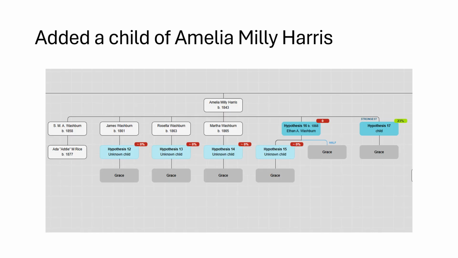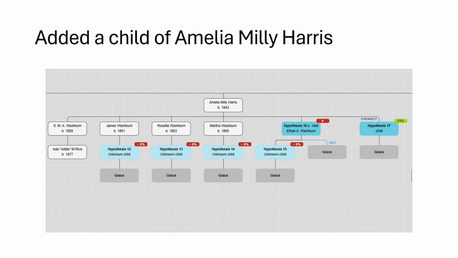Then it even added a child. Well, I went in and I added a child of Amelia because it skipped over Amelia, and she also didn't have any DNA matches in her branch. So when I went ahead and added another child of Amelia as a hypothesis, it gave her a 23% chance of being the mother of Grace or father of Grace. So I thought that was interesting as well.